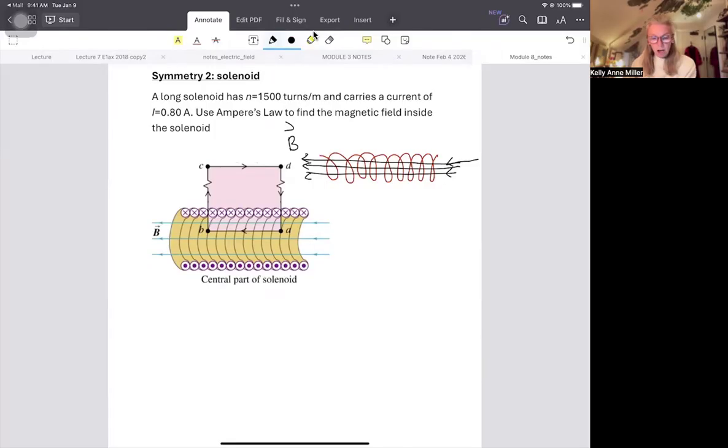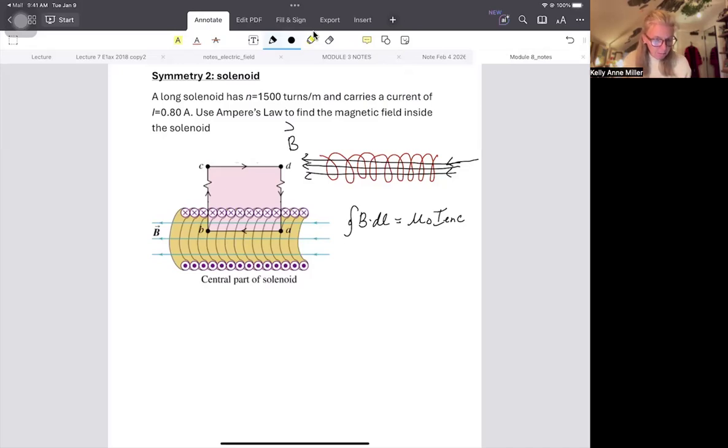Okay, so let's write out my formula. For Ampere's law, the line integral around some Amperian loop is equal to mu naught times I enclosed. But I have to pick my Amperian loop in a smart way, right?